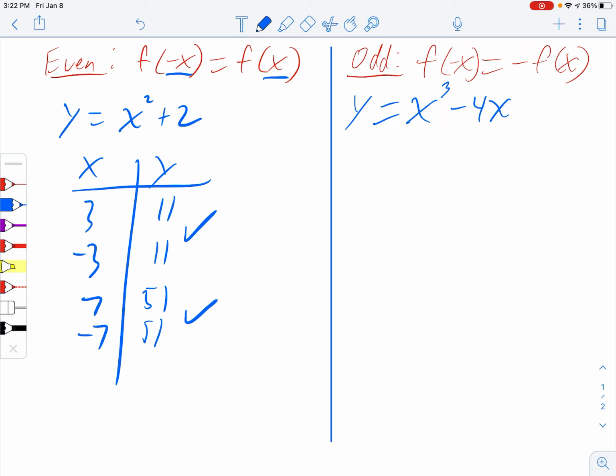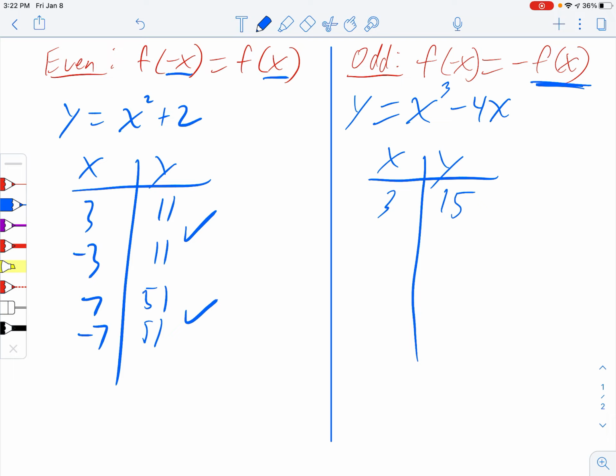So let me show you an example of what we mean there. Let's say when x is 3. So f of 3, if I plug 3 in, 3 cubed is 27. 27 minus 4 times 3, that's 12. So that's 27 minus 12, which is 15.